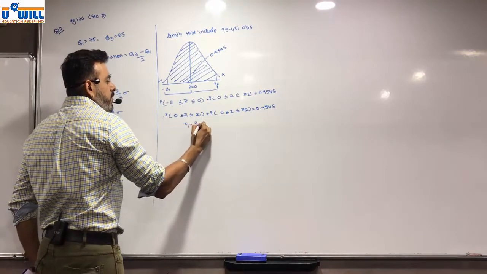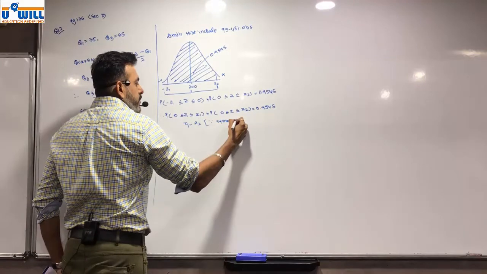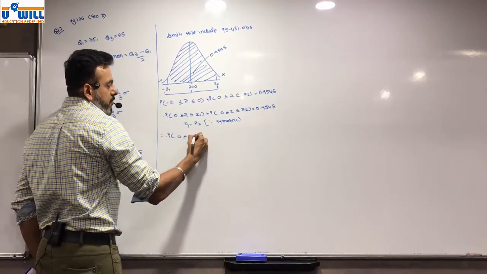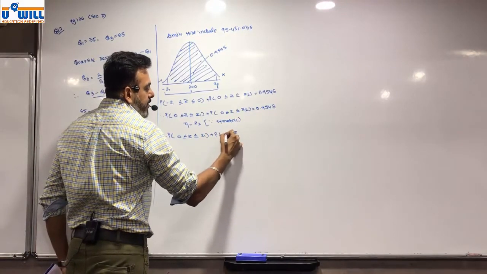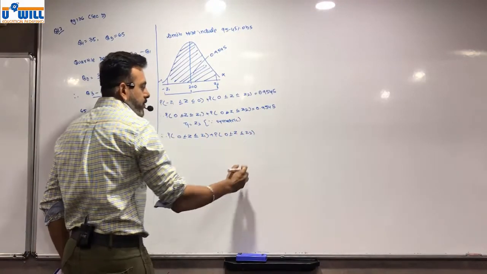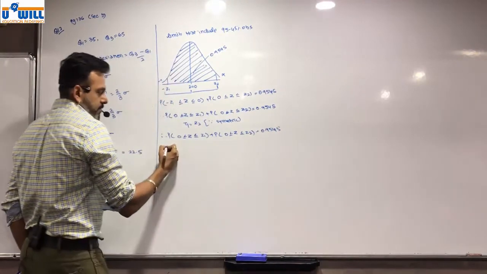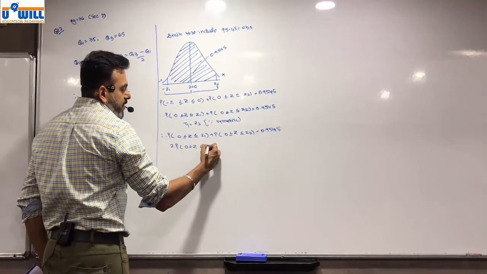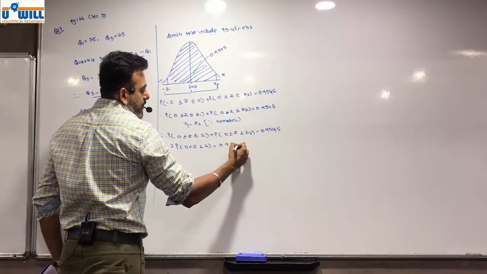Z1 is equal to Z2 because it is symmetric. So 2 probability of Z from 0 to Z1 is equal to 0.9545.